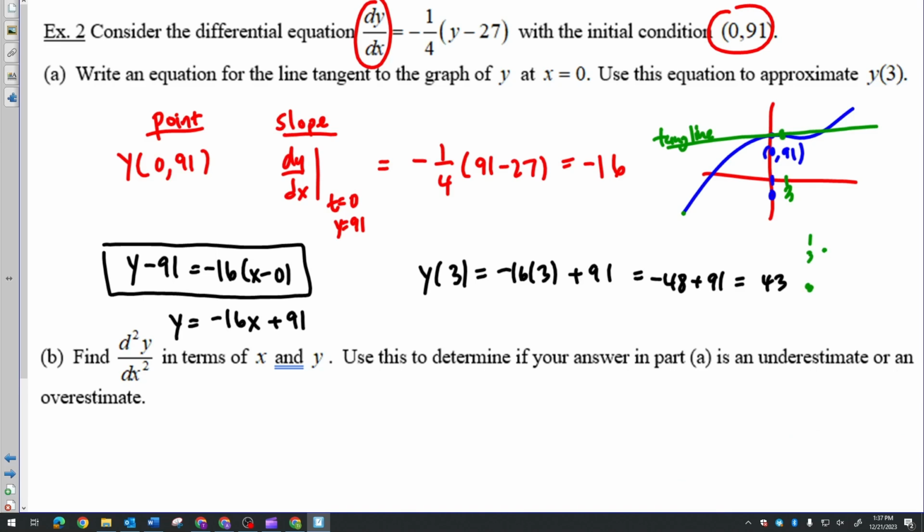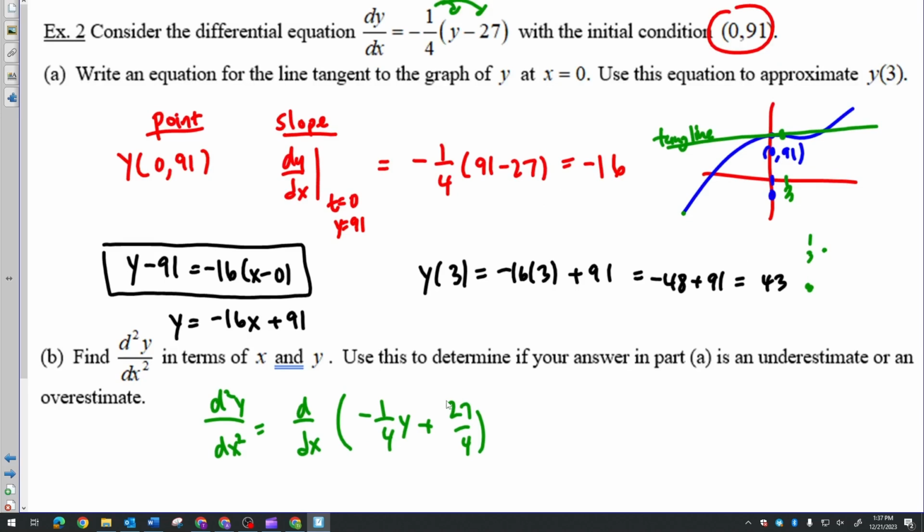All right, so I need to get the second derivative, so I take the derivative of this derivative. So d squared y dx squared equals the d dx of this. There are lots of ways to do this. Let me just distribute this, so it's negative 1/4 y plus 27 over 4.